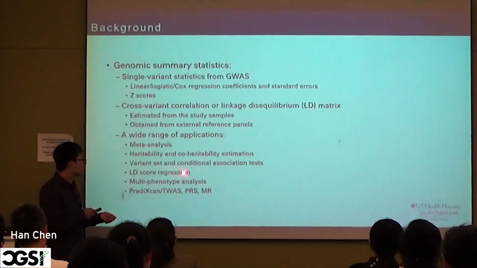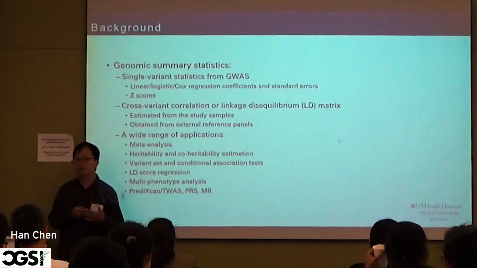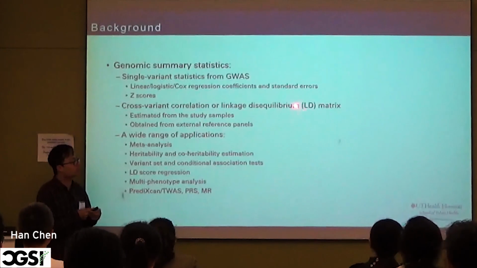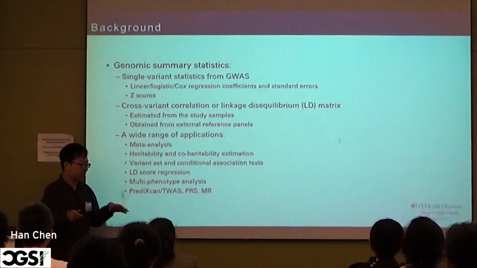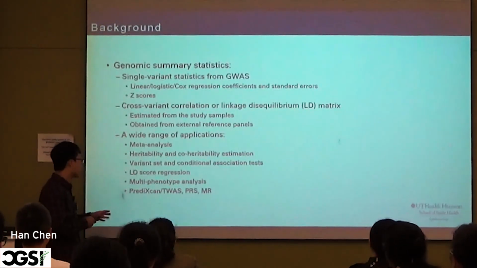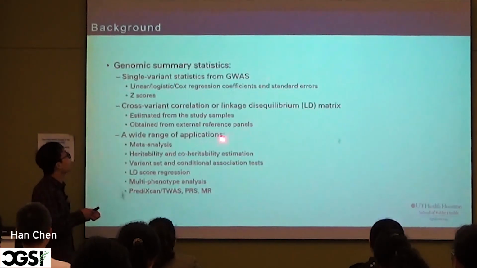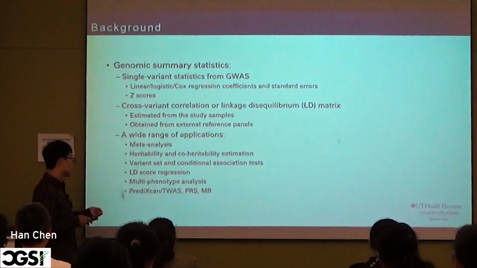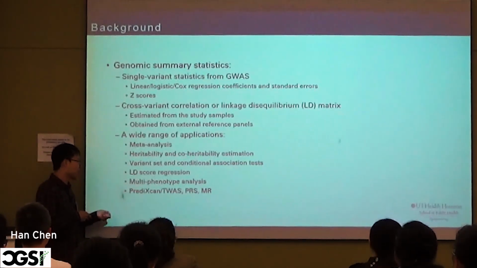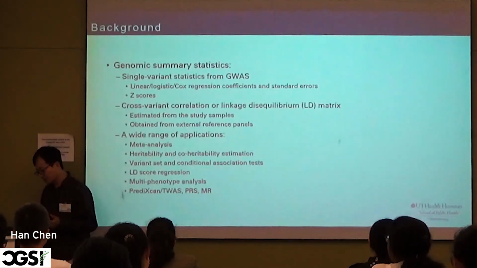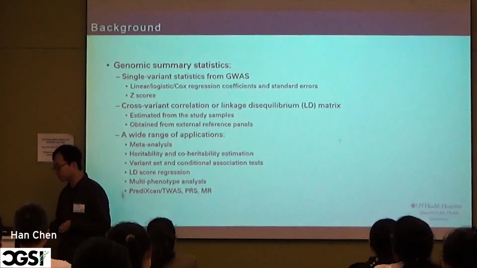In LD score regression, we need the GWAS summary statistics, and we also need the LD score, which is computed based on the linkage disequilibrium information using all the adjacent genetic markers. In some multi-phenotype analysis approaches, we also need that information. And we can also do transcriptome-wide association analysis, polygenic risk scores, and Mendelian randomization. So we can do a lot of things using genomic summary statistics.